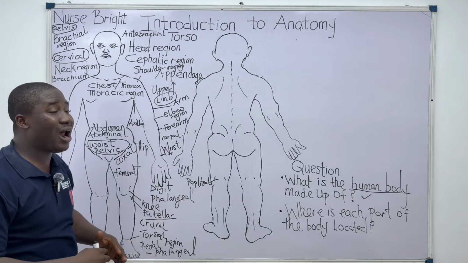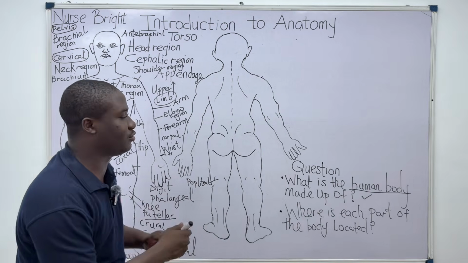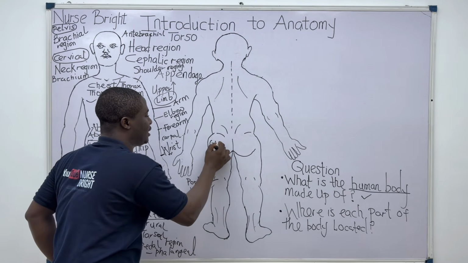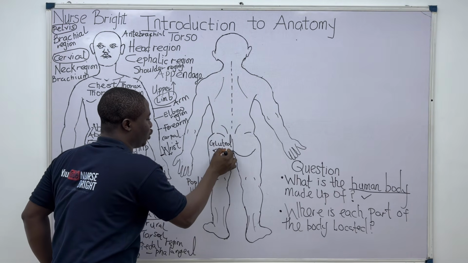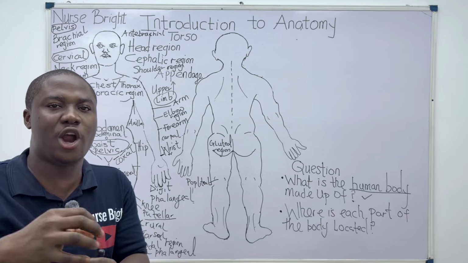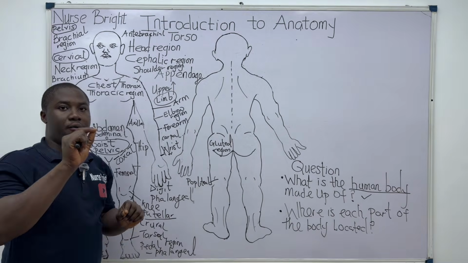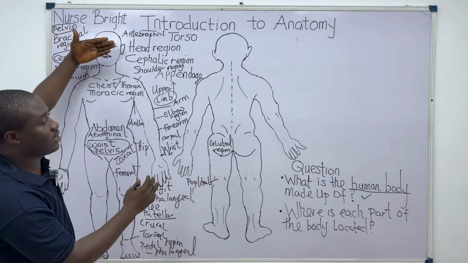There are several other regions, like this region, which is called the gluteal region of the human body. Though there are a lot of regions, as we study anatomy in depth, we are going to learn all of these regions. Remember, I called the elbow region antecubital because this is the front view.